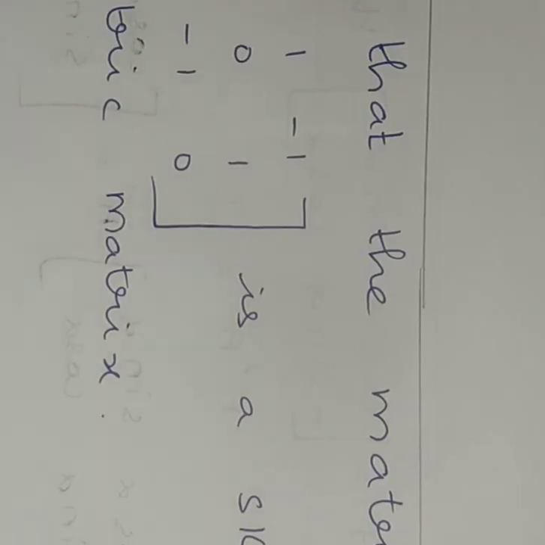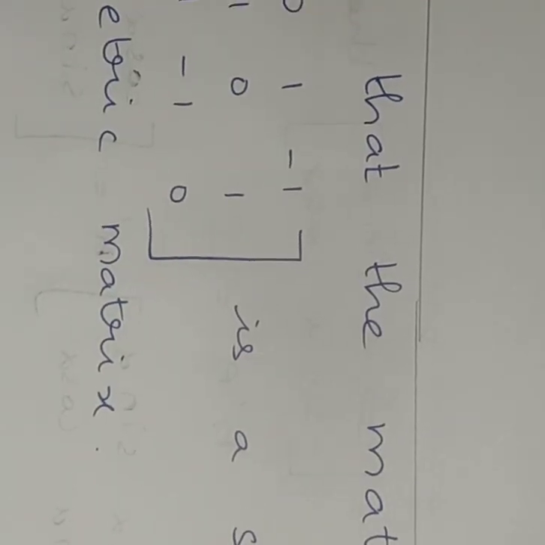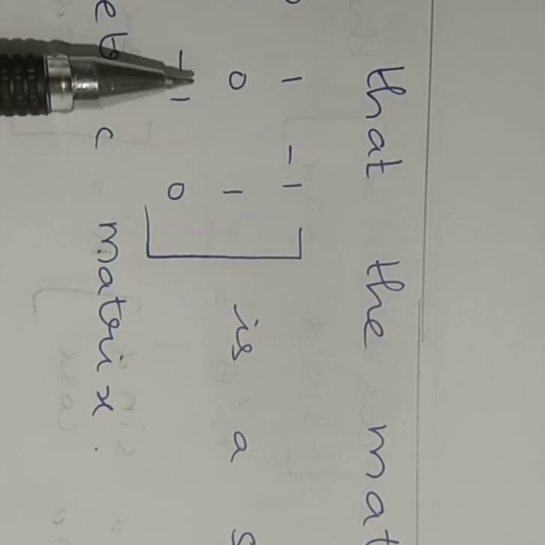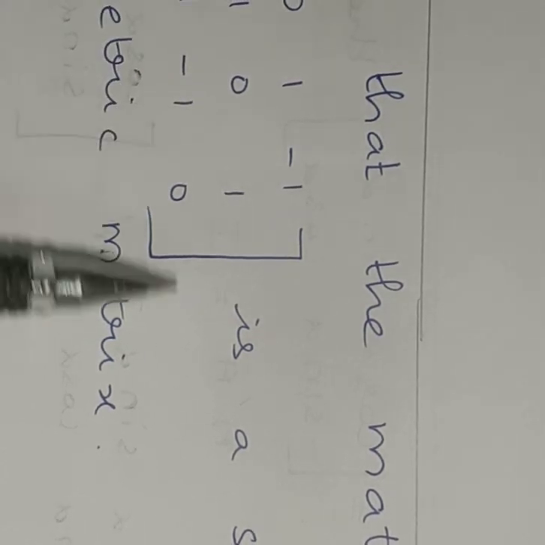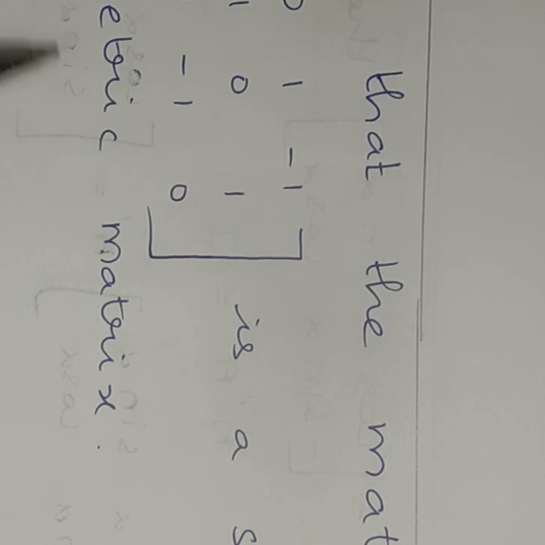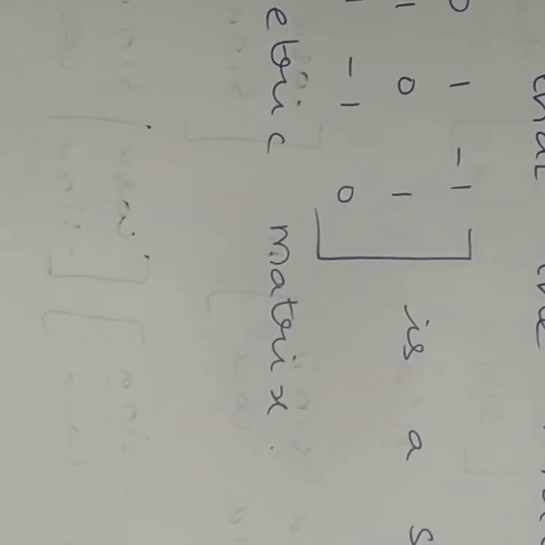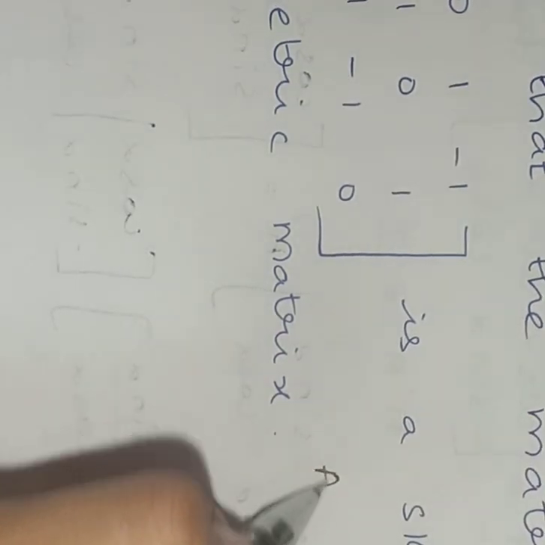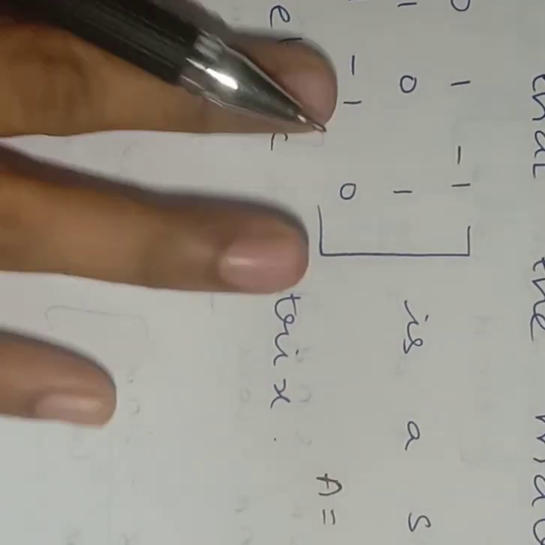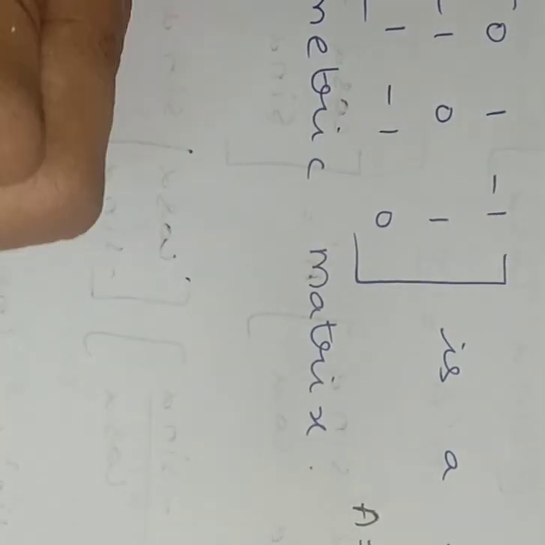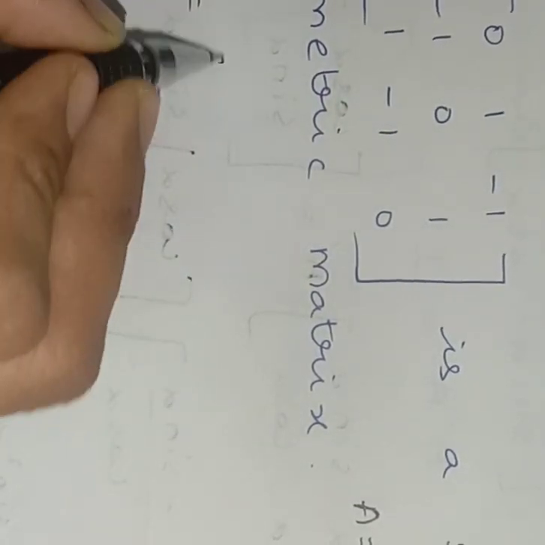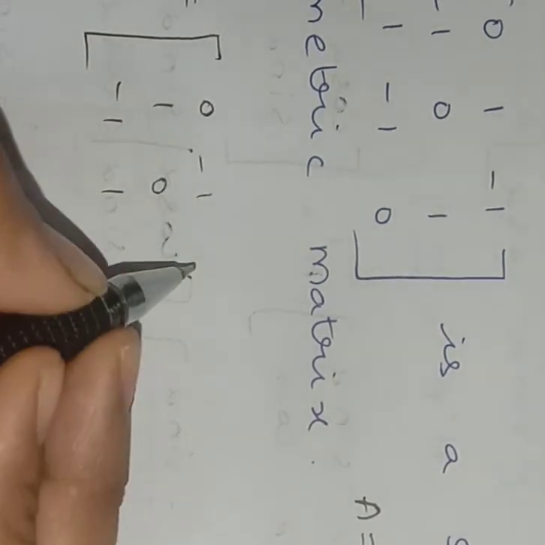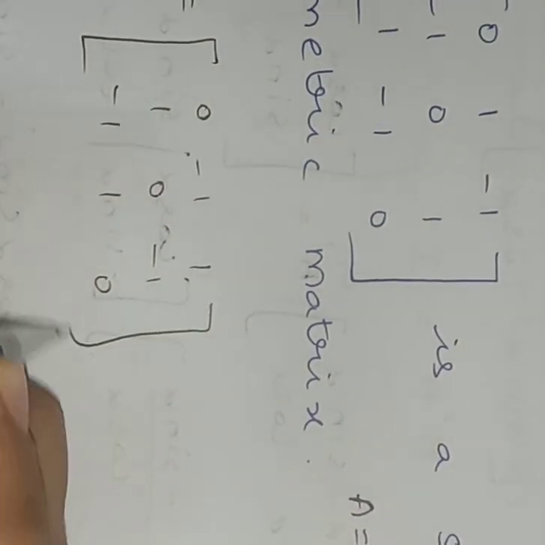Right? The next question, show that the matrix A is equal to 0 1 minus 1 minus 1 0 1 1 minus 1 0 is a skew symmetric matrix. So we are going to find, skew symmetric means what is the condition? A is equal to minus A dash. So find the transpose of this. 0 1 minus 1 minus 1 0 1 1 minus 1 0, right?